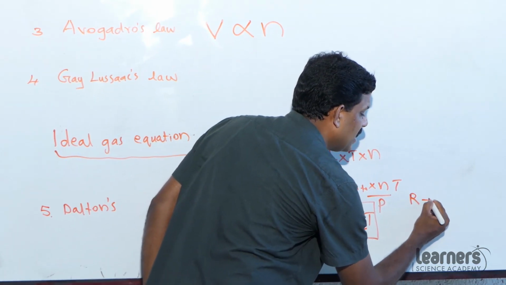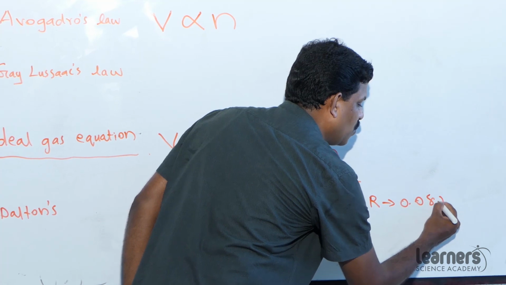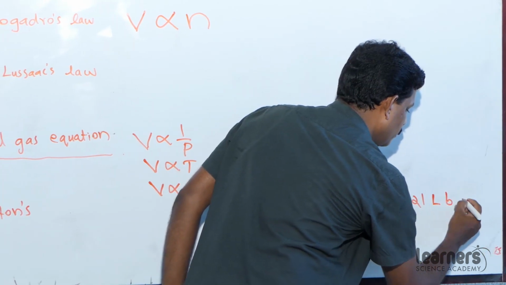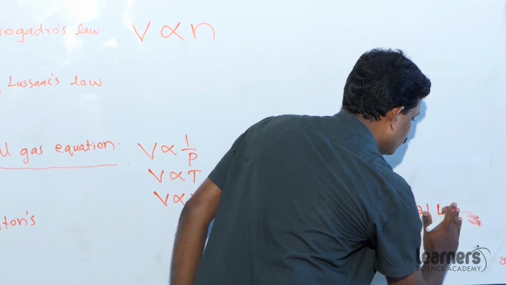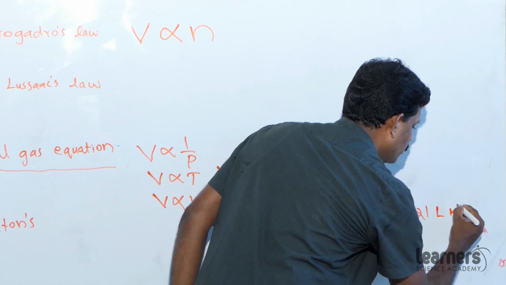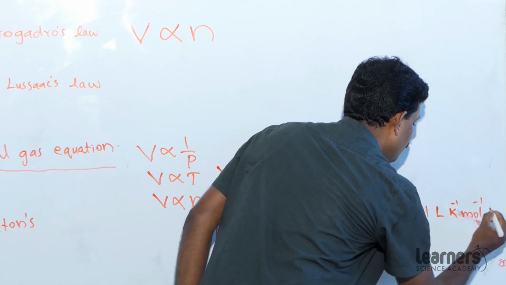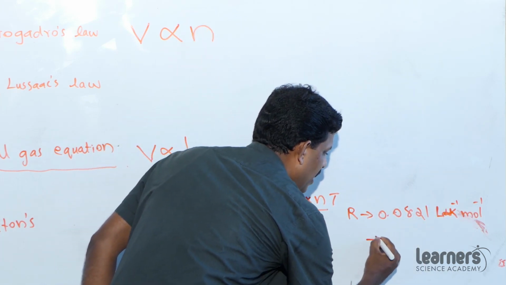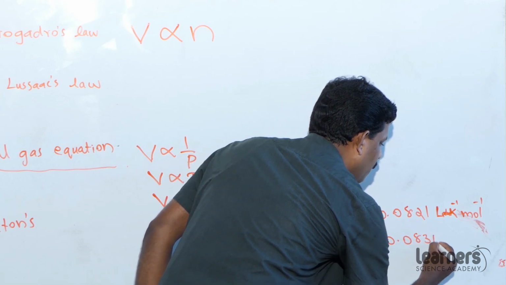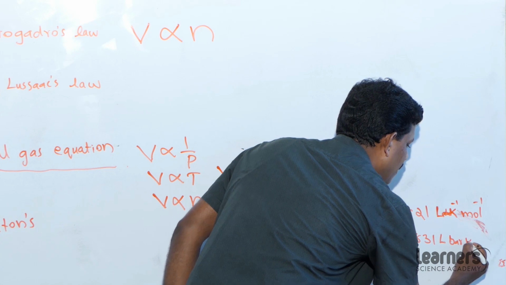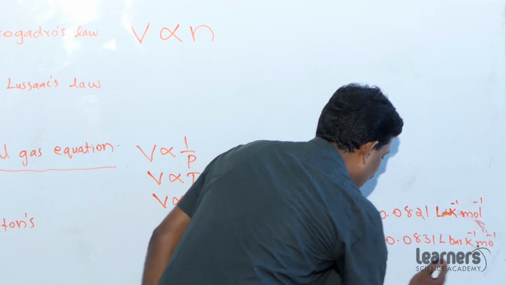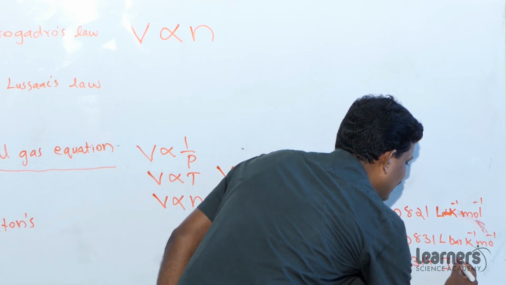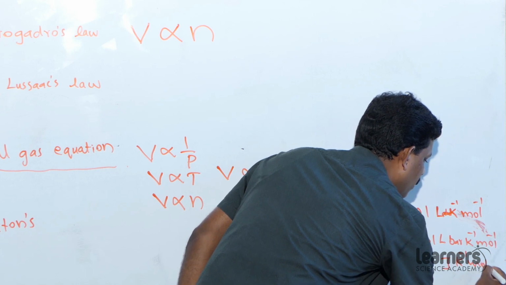R has the values 0.0821 liter atm Kelvin inverse mole inverse, 0.0831 liter bar Kelvin inverse mole inverse, and 8.314 joule Kelvin inverse mole inverse.